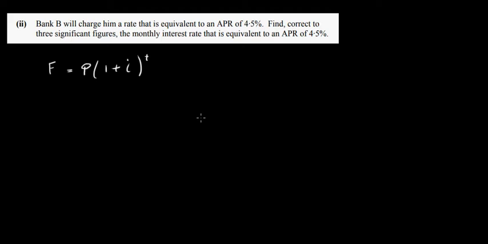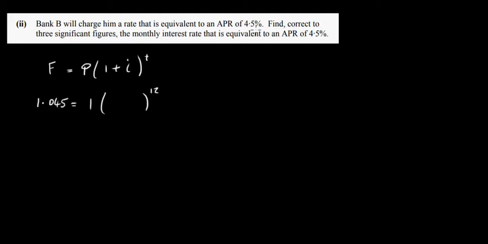Now in this particular case, we know that the annual rate is 4.5%. So in other words, if we borrow €1 over the 12 months, we know that we will owe 1.045.